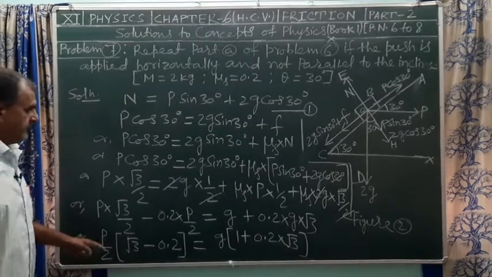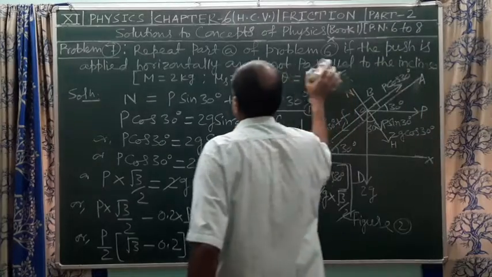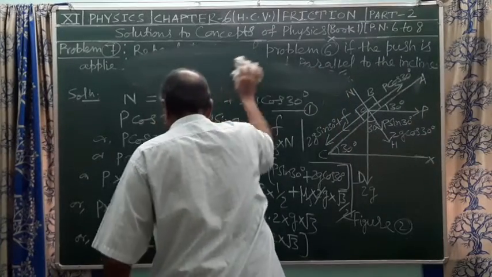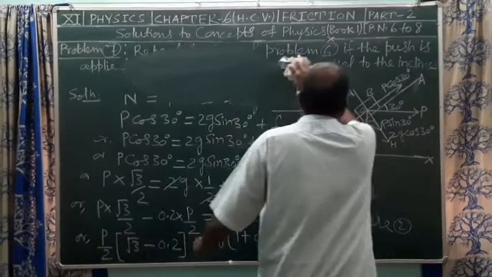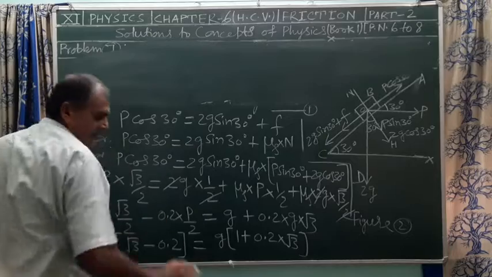And now in LHS we have p/2 in place, p/2 under bracket √3. In place of √3 we can write 1.73.